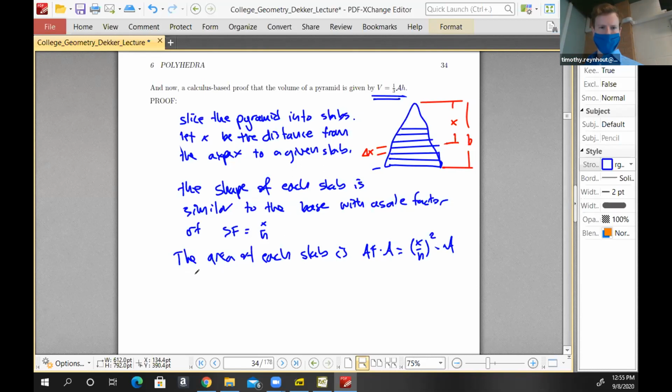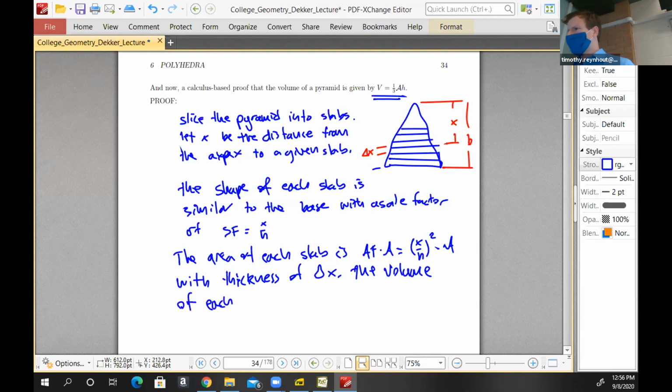All right, so with that, each slab has a thickness of delta x, as we said earlier. So then the volume of each slab, which are prisms, is, now each one of these slabs represents the change in volume, because as we add more, we're getting a change in volume.